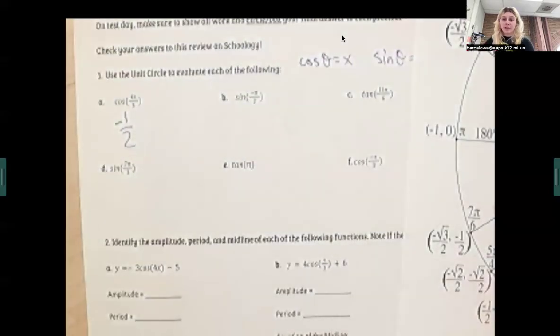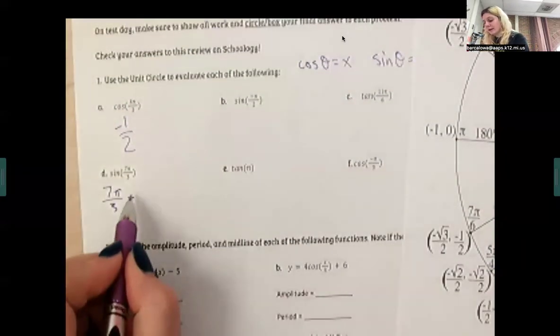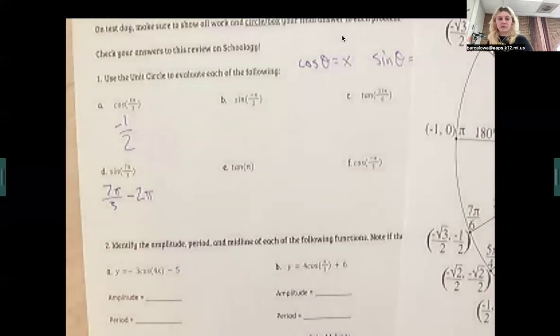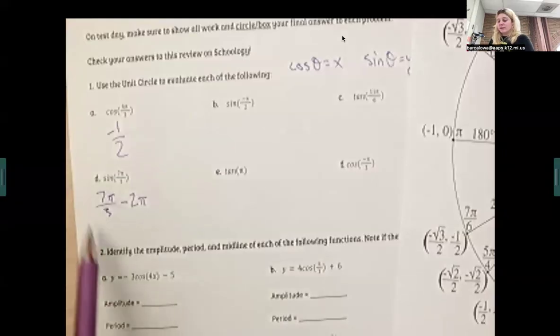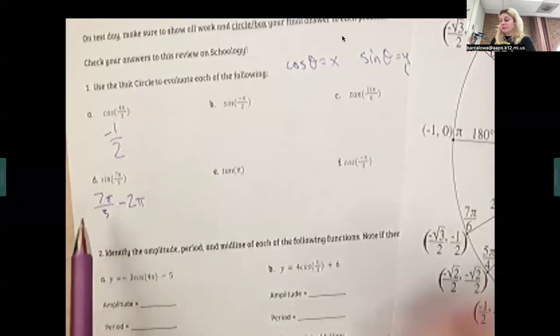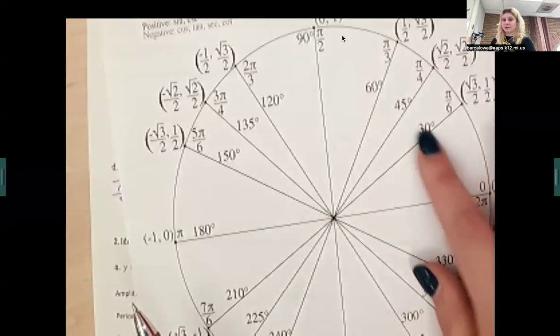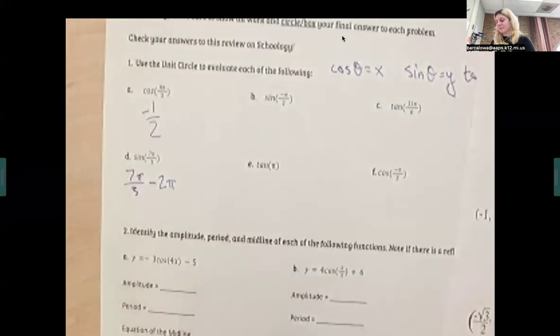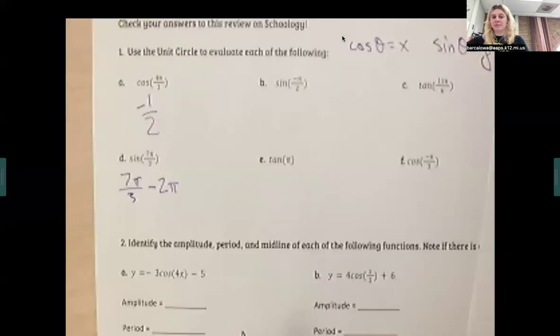To find coterminal angles, we add or subtract 1 rotation, or 2 pi. So for 7 pi over 3, I'm going to subtract 2 pi, that extra rotation. 7 pi over 3 is bigger than 2 pi, which means we've gone 1 full rotation plus a little bit. To add and subtract fractions, we need a common denominator.